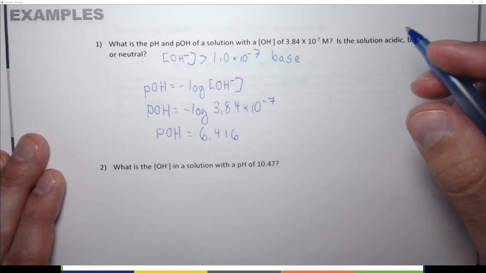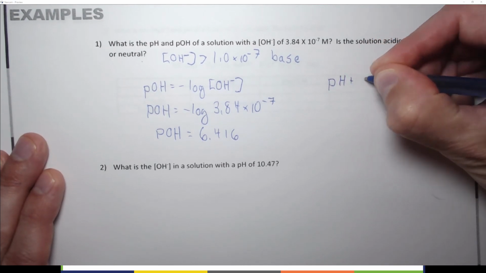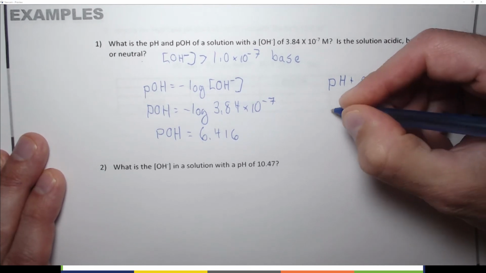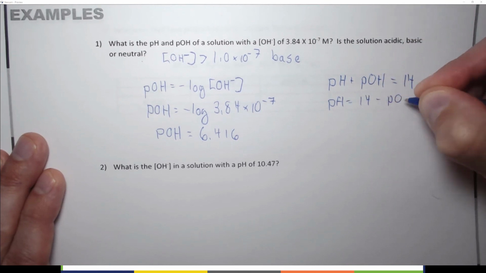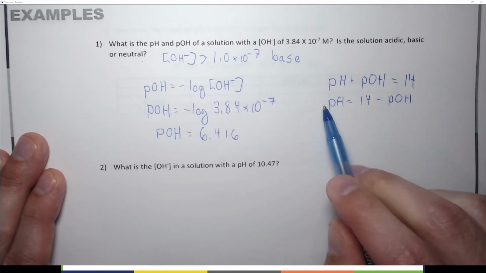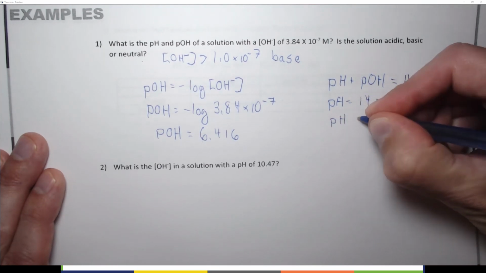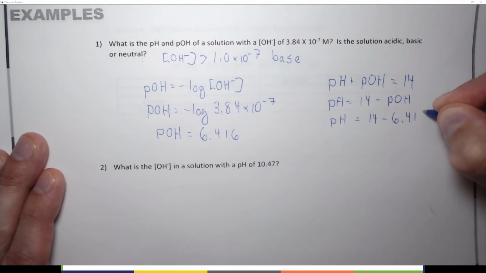All right. Now I need to find the pH. Well, the pH plus the pOH equals 14. And very similar to before, the pH equals 14 minus the pOH. Before it was 14 minus the pH equals the pOH. It's the same thing. So the pH equals 14 minus 6.416.